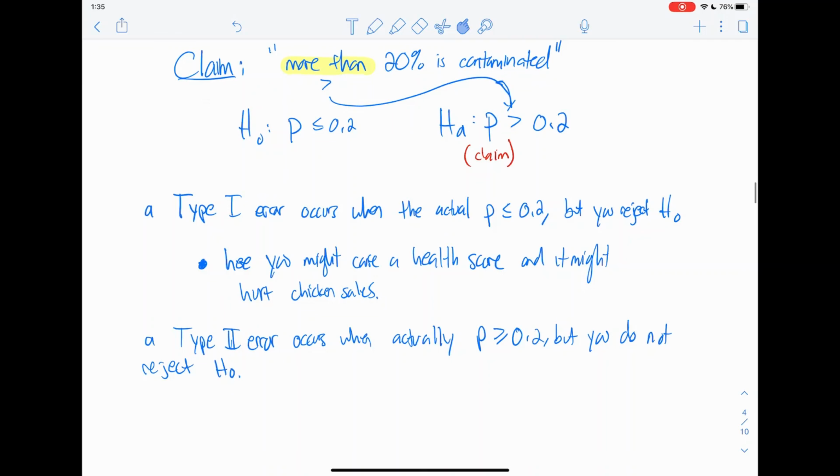So the way that this will work is apparently the contaminated chicken is actually fairly high, but by not rejecting H0, by not rejecting that it's this low, you're effectively telling the community that it's probably pretty low, even though it's pretty high. This is a concerning error to run into, because here you are allowing contaminated chicken to be sold.